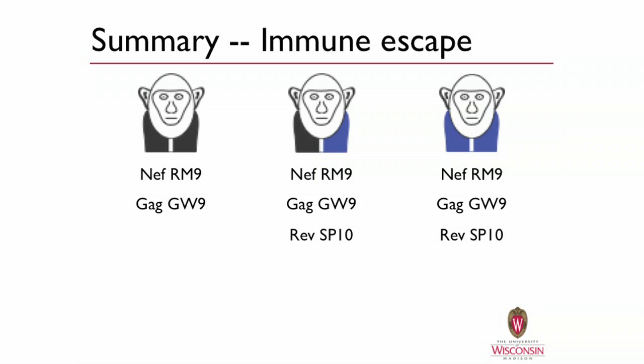But if we then look at immune escape, they'll all accumulate variants in RM9, and then the M1 animals will accumulate variants in GW9, while the M3 containing animals accumulate variants in the Rev epitope, and then eventually the escape can happen in GW9.